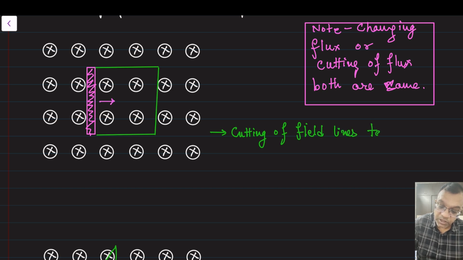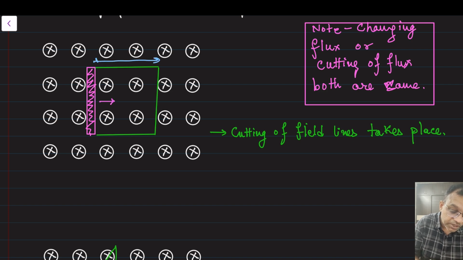Now, another thing we'll see here is whether the flux linked with the circuit is changing or not. In any time t, it sweeps out some length. This becomes the length, which is vt if it is moving with velocity v. Then it encloses some area.